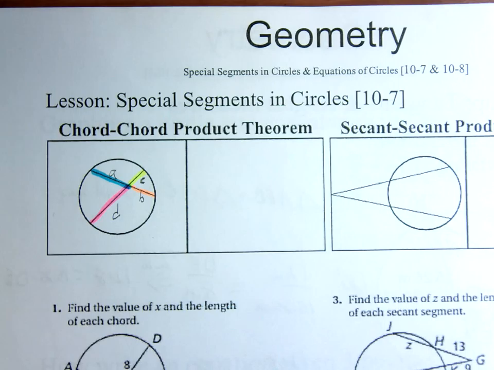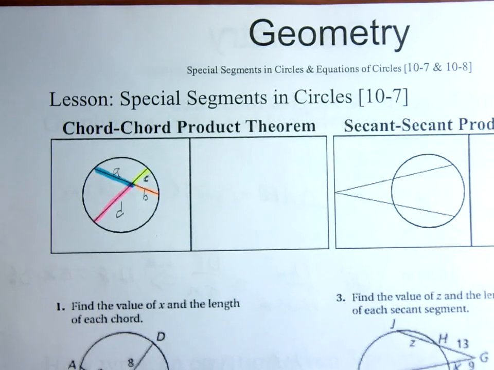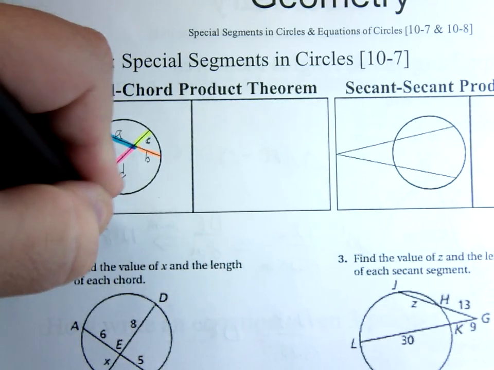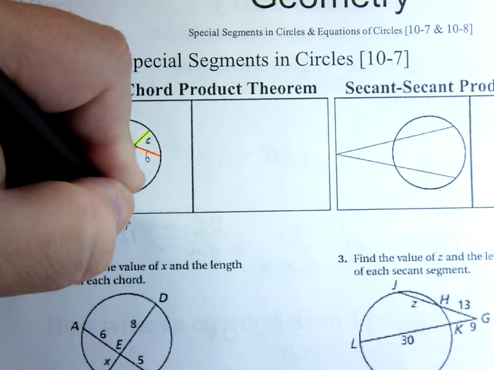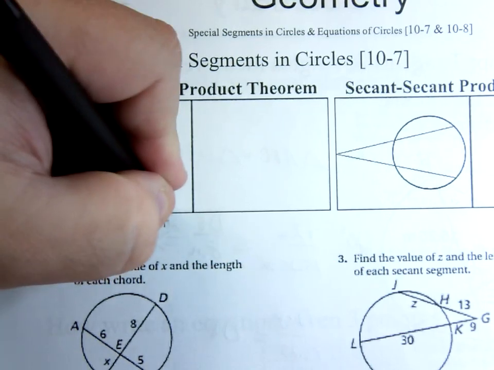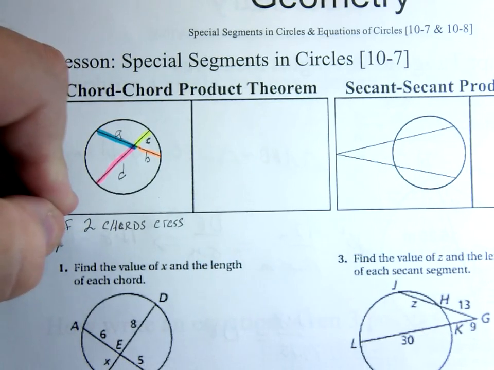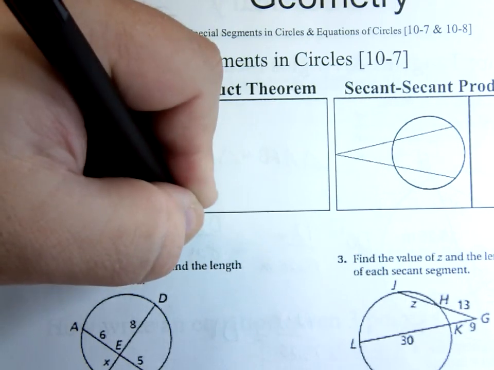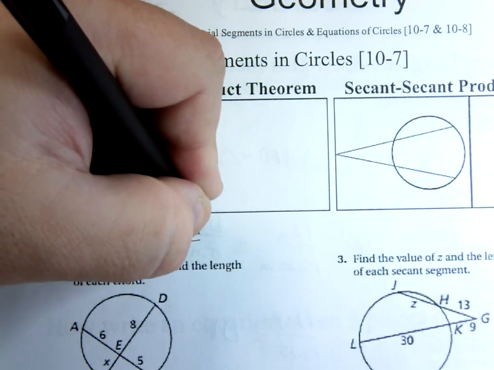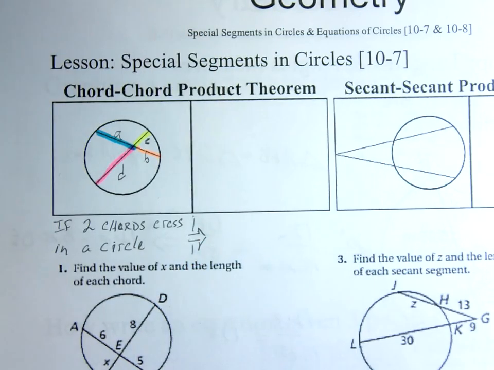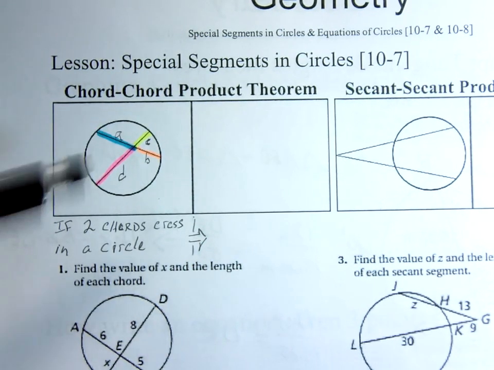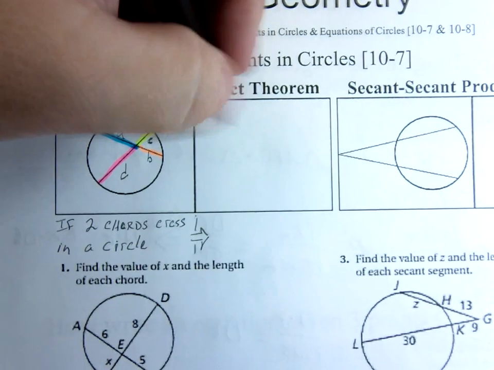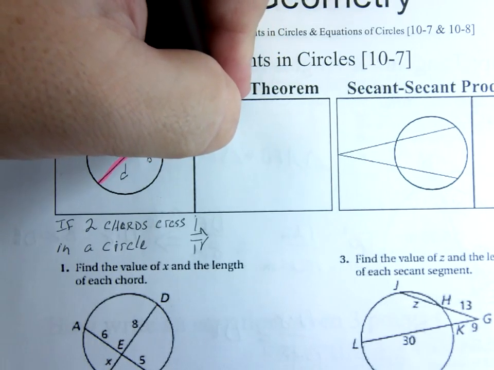All right. So I'm going to start printing the notes. So the notes say if two chords cross in a circle, then their segments, the product of their segments will be equal.